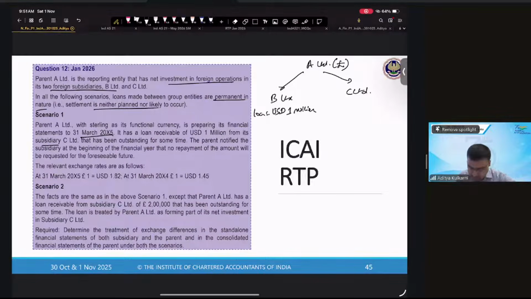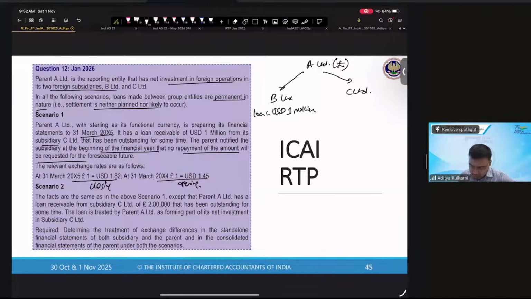Parent notified the subsidiary at the beginning of the financial year that no repayment of the amount will be requested for the foreseeable future. The relevant exchange rates are as follows. Closing rate 1.82. Opening rate, which is last year's closing rate, is 1.45.